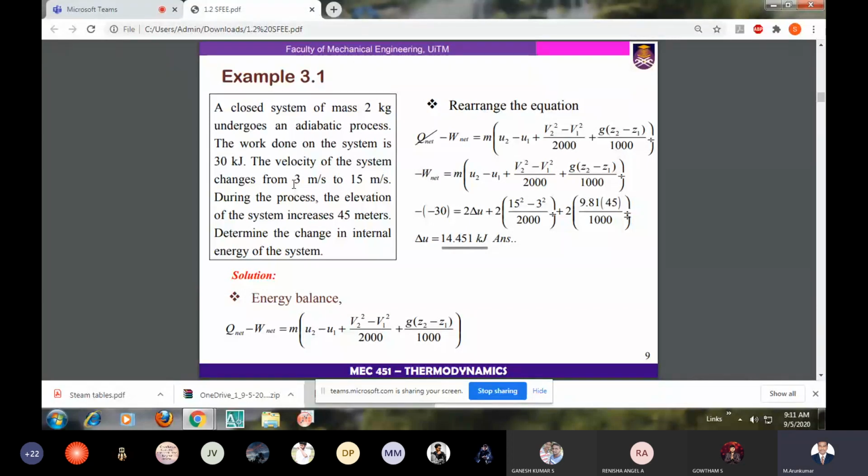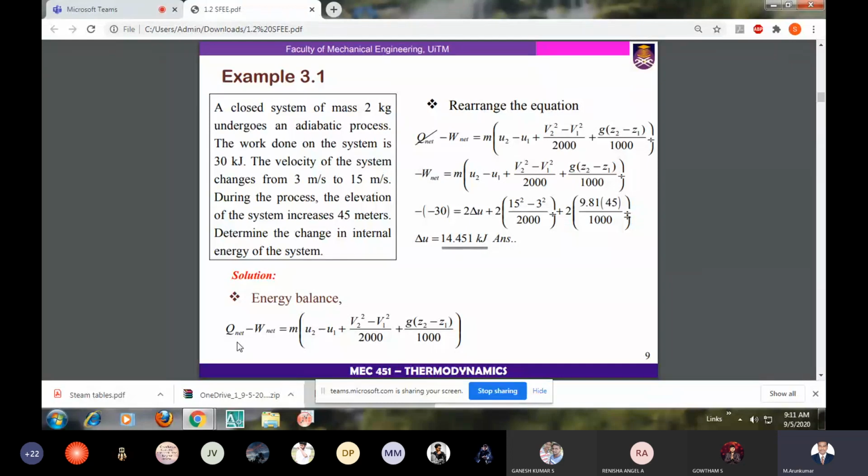Then we can use the energy balance formula to find the change in internal energy of the system. Q net minus W net is equal to m into (U2 minus U1) plus (V2 square minus V1 square) by 2000 plus g into (Z2 minus Z1) by 1000.